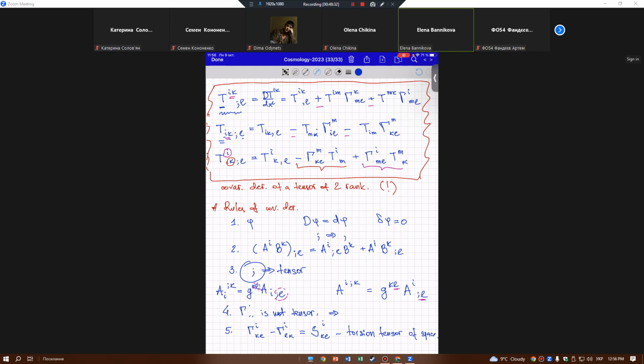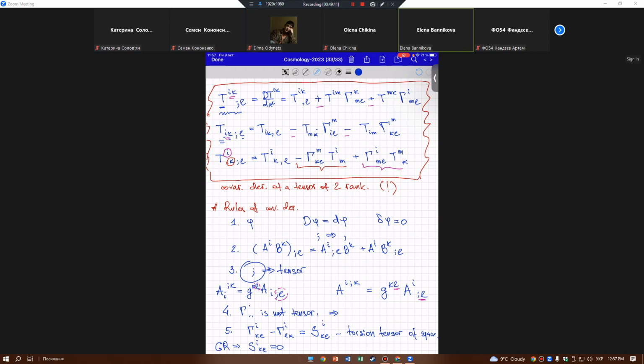I must say that in general relativity, which is grounded on the equivalence principle, it's postulated that this torsion tensor equals 0. Why can we consider it like this?